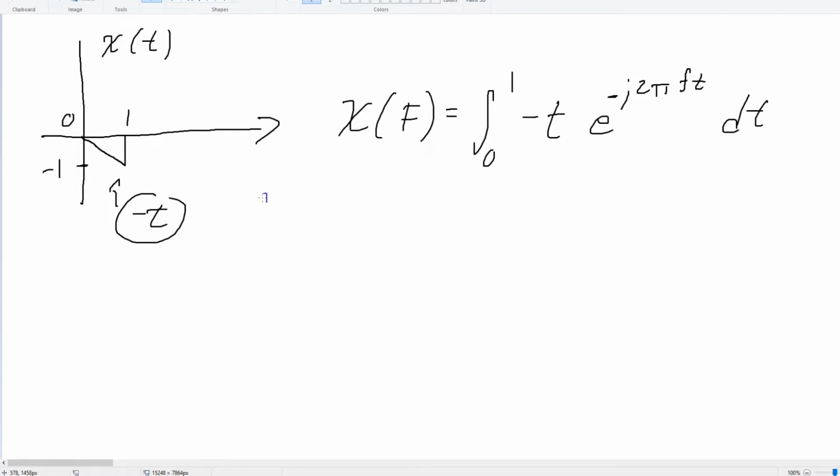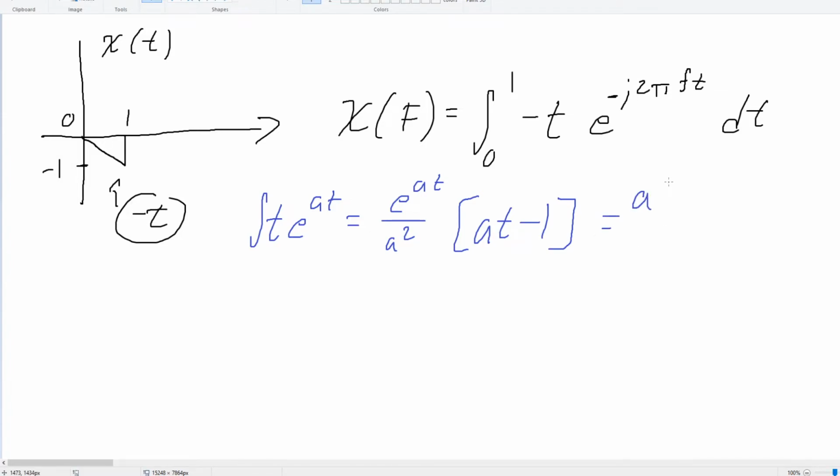If you have the integral of t e to the at, you could write it in two ways. You could write it when it's factored out, so e to the at over a squared times at minus 1, or you could also write it like this when it's multiplied through, so at e to the at over a squared minus e to the at over a squared.